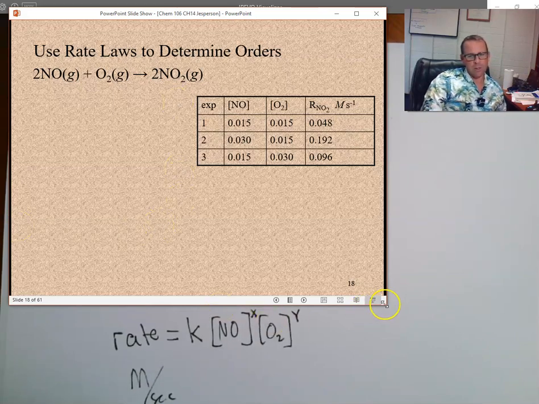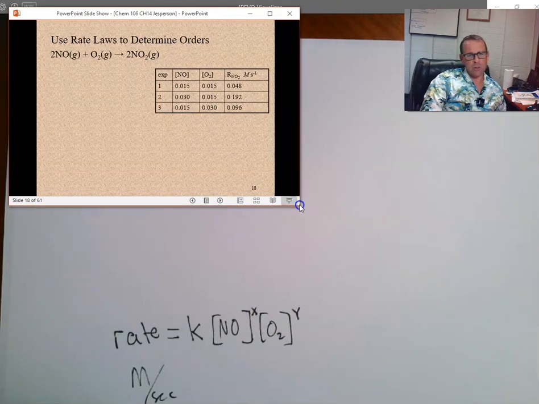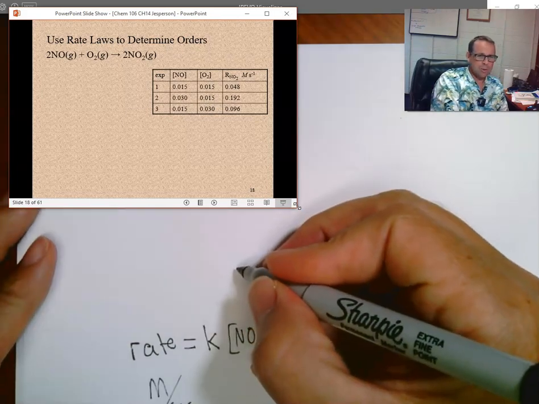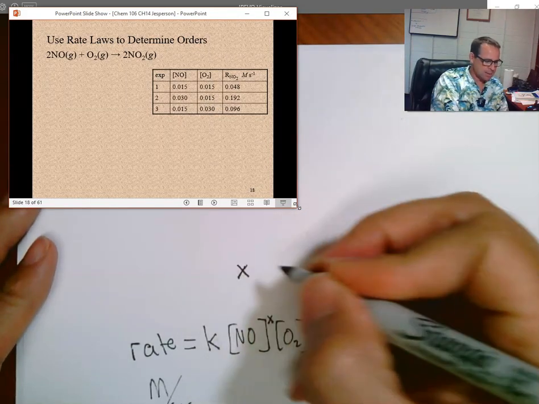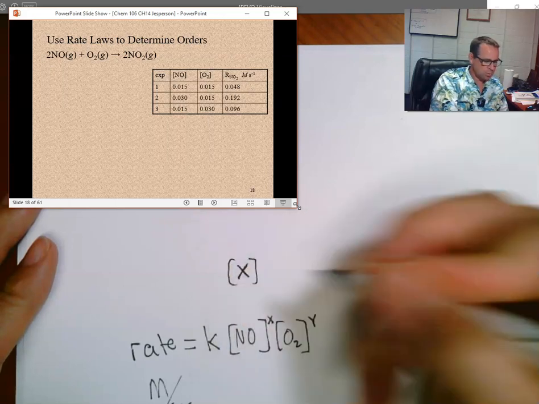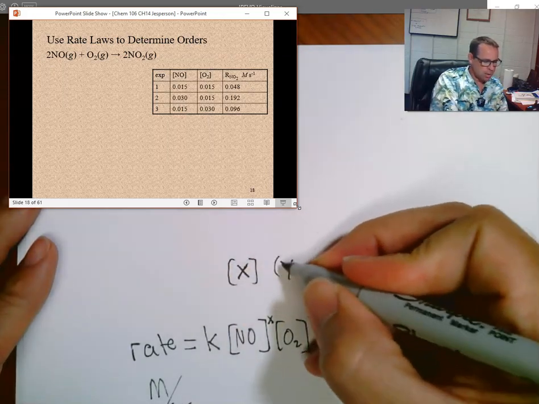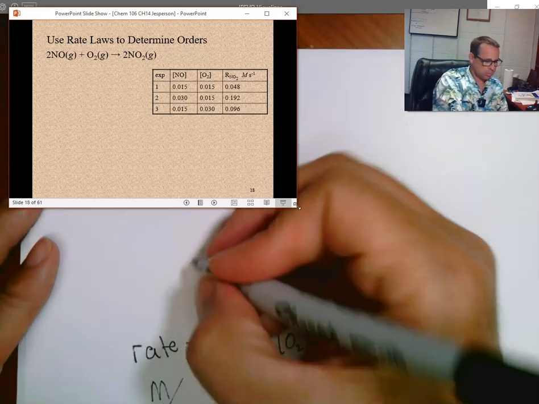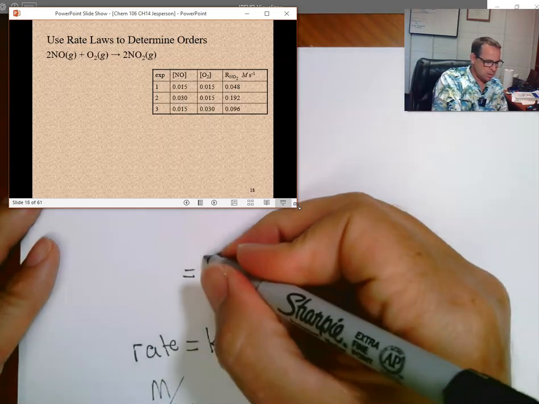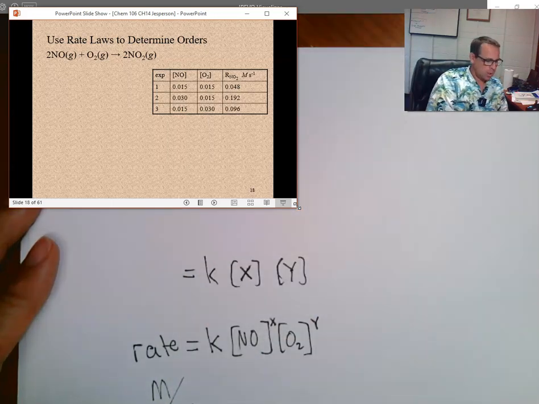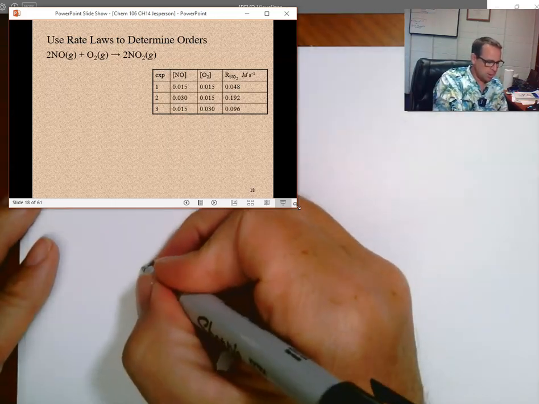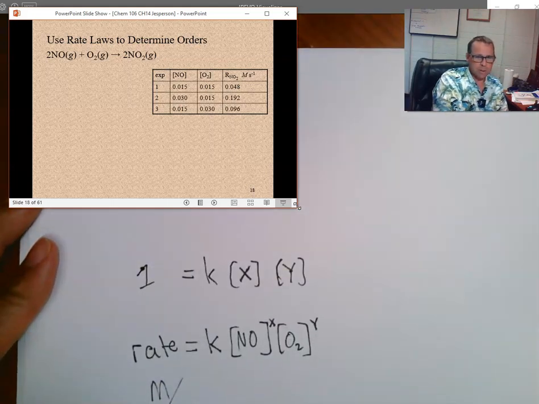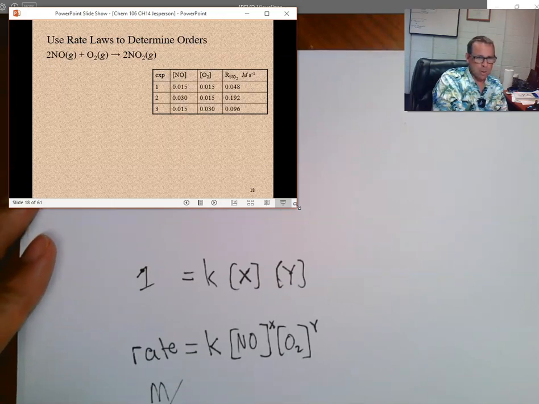And what we've learned by comparing those first two reactions is that if you take, let's say, X, concentration of NO, and Y, concentration of O2, and little k, the rate, let's say, would be 1. Is that okay? That's what maybe we see in experiment 1.